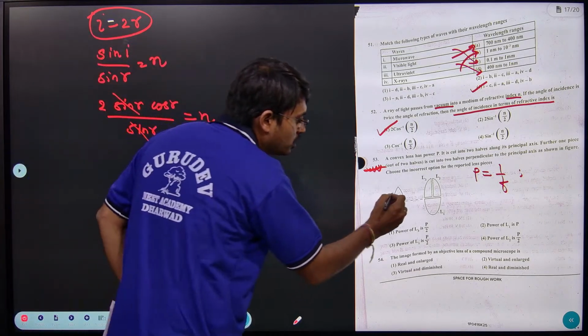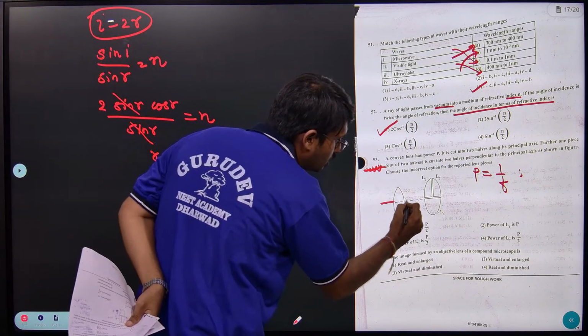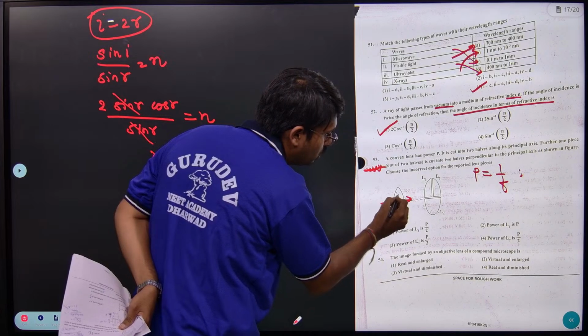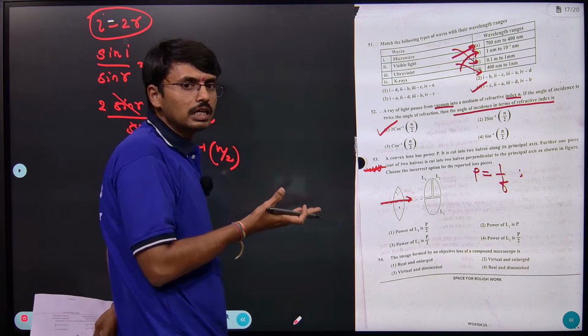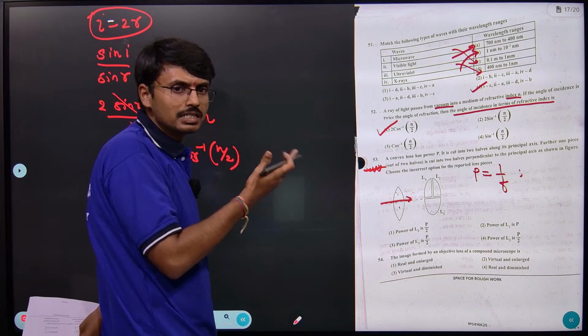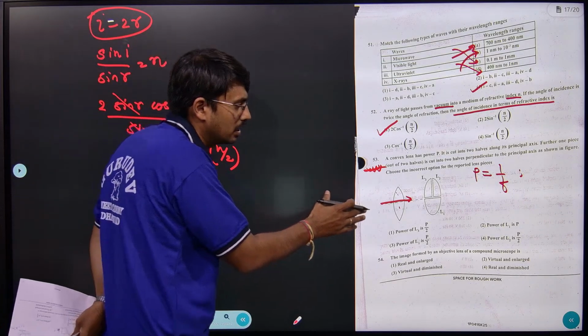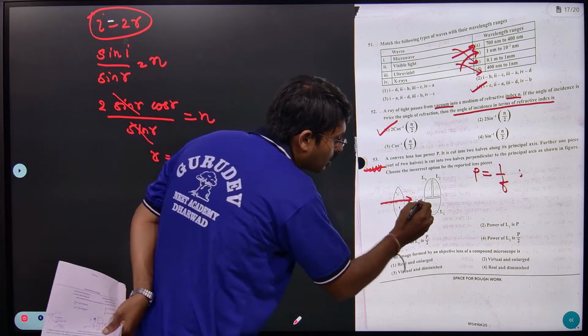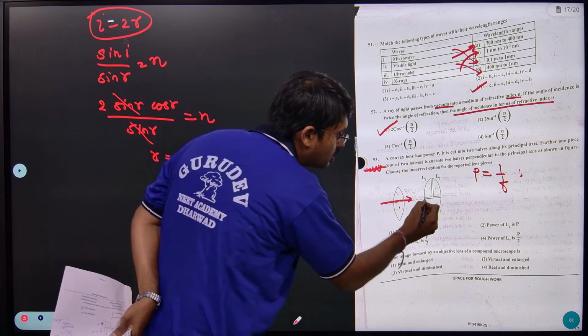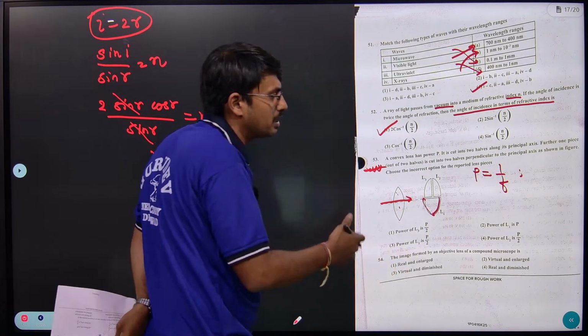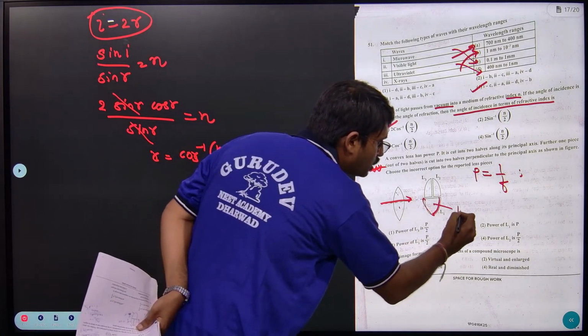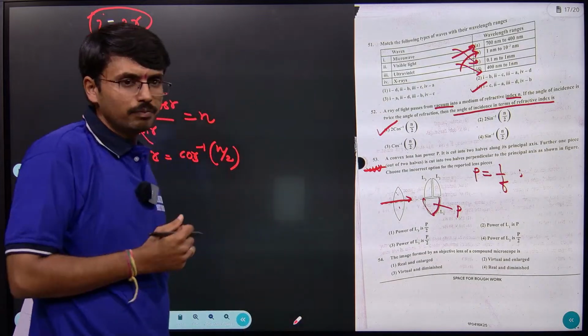For this part, whenever we divide along this direction, both parts have the same focal length. Focal length remains the same, but intensity is reduced. Why does focal length remain the same? Because the curvature is the same. Therefore power will be the same.